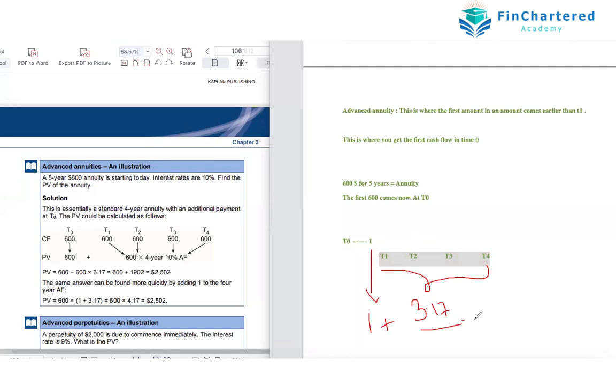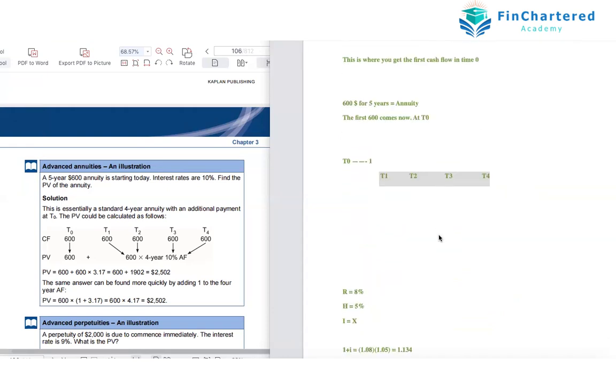So the total annuity factor for all the 5 years is 4.17, which has to directly be multiplied with the cash flow. Because remember, annuity factor into cash flow is the present value. So 4.17 into 600. Nitesh, clear? Yes, sir. Clear. Kittu, clear? Very good. So that is how an annuity works.